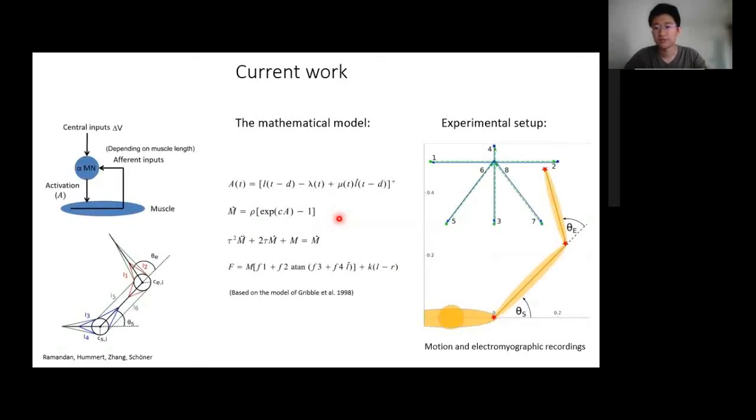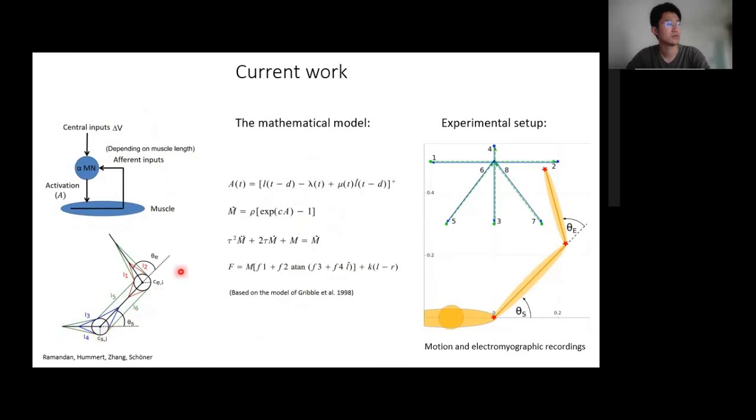So let me first briefly report what we are doing currently in our lab. We have this model that I just introduced, with these equations based on the model that I presented in the previous slide. But in this model, we use a relatively simple reflex loop. We only take the length-dependent feedback in the model.